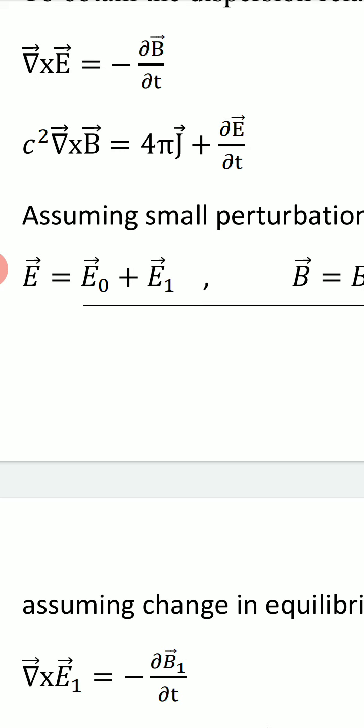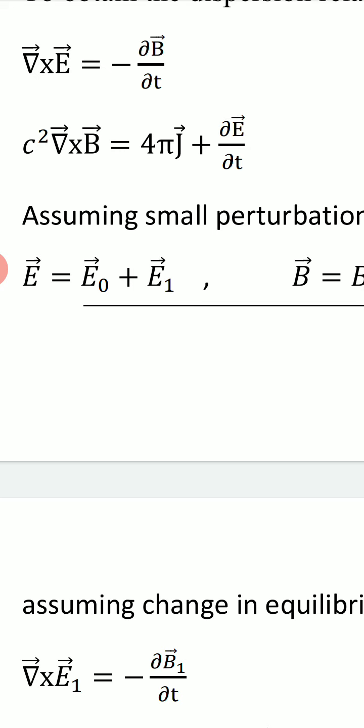Similarly, in the first term, we have mu 0 J. We multiply this term by epsilon 0 and divide by epsilon 0, and then write mu 0 epsilon 0 as 1 upon c square. So c square comes in both the right hand side terms. In the denominator, it is taken common and brought to the left hand side.